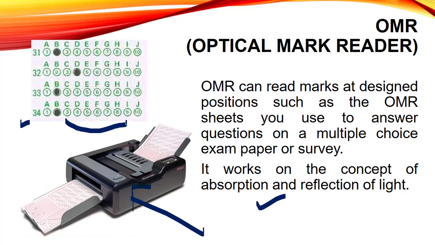Now all the remaining options which are reflecting back the light will be considered as not marked options, whereas all the options which absorb the light will be marked as your correct answers. Fine. Now this machine checks the pattern against the stored pattern, and if your pattern matches, then you will get the marks for that question, otherwise you will not get marks for that particular question.